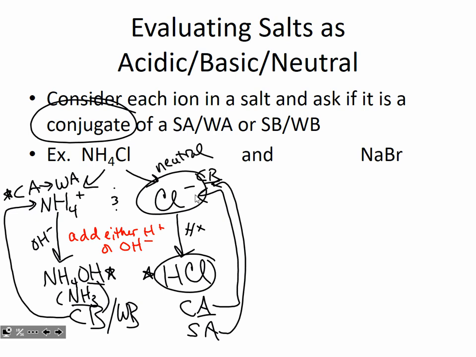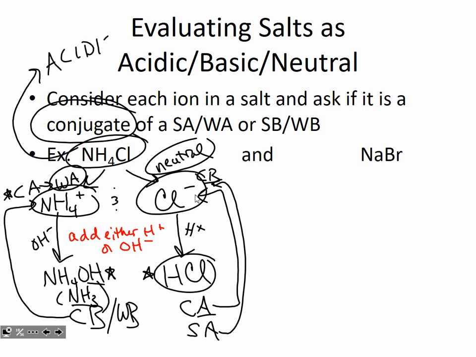So we have this ion, which is a weak acid, and we have this other ion, which is neutral. So what does that mean about ammonium chloride? It's an acidic salt due to the ammonium. And we know if we put ammonium chloride in water, the pH is actually going to go down, which is very true because the ammonium is capable of donating some hydrogen ions.